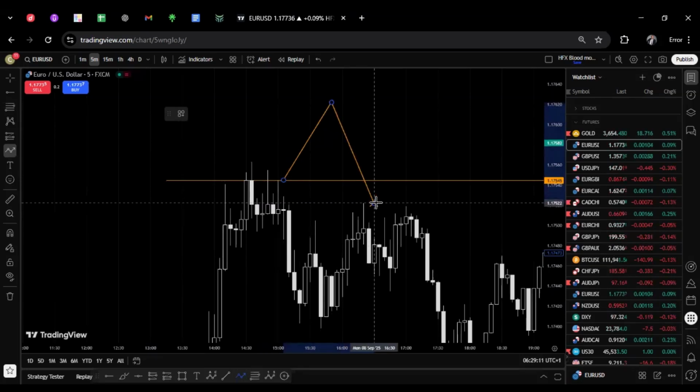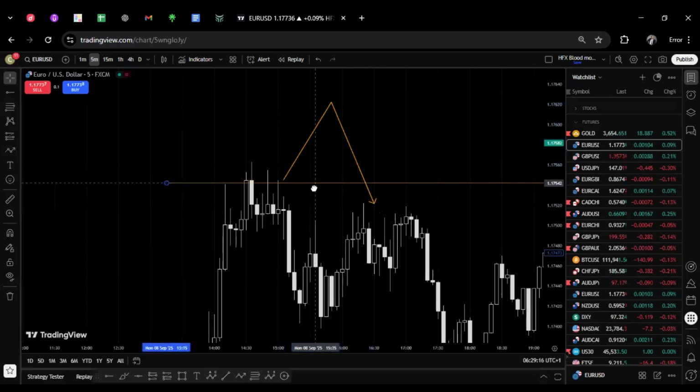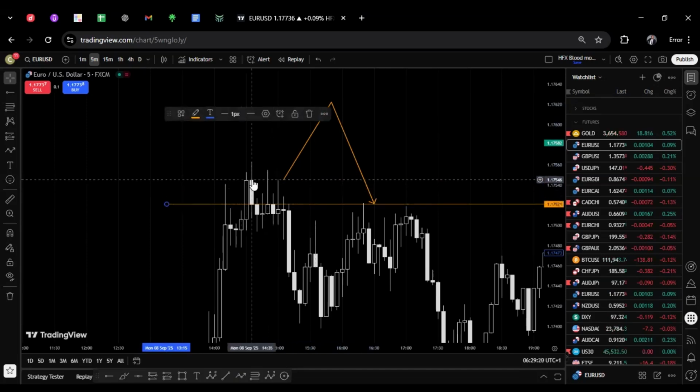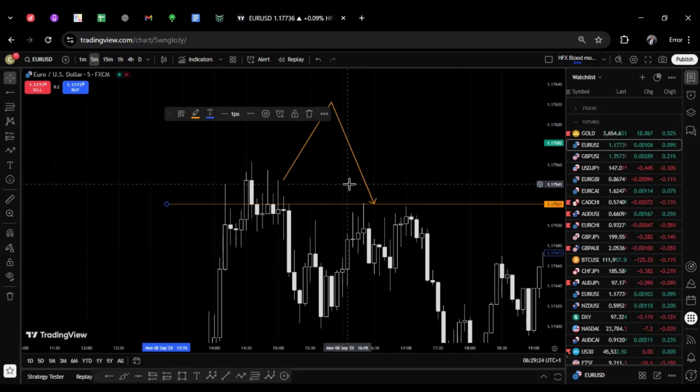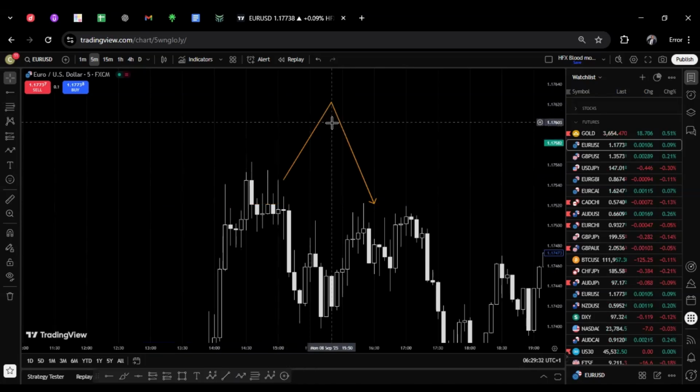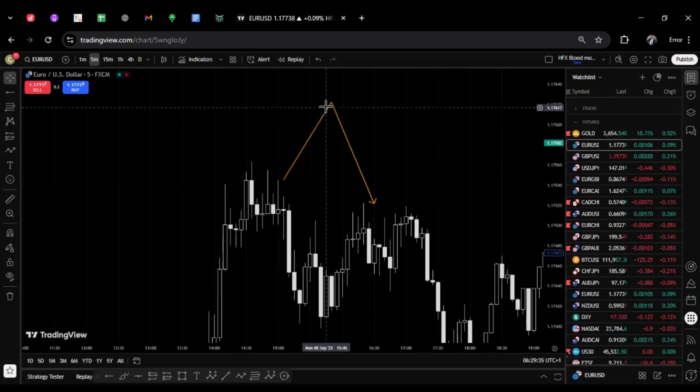It won't even respect this area. There's also a tendency for the market not getting to this area at all. So when looking, oh damn.